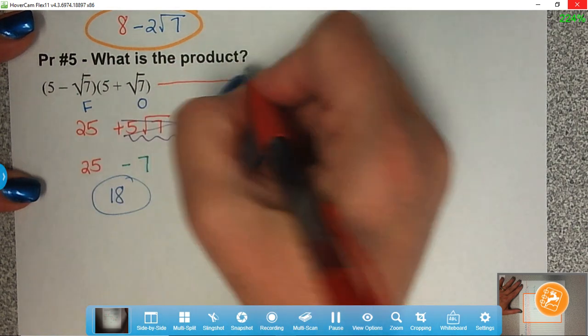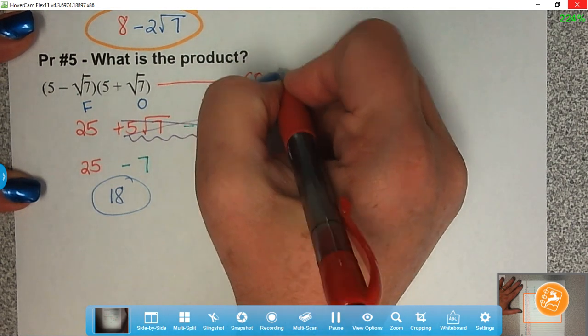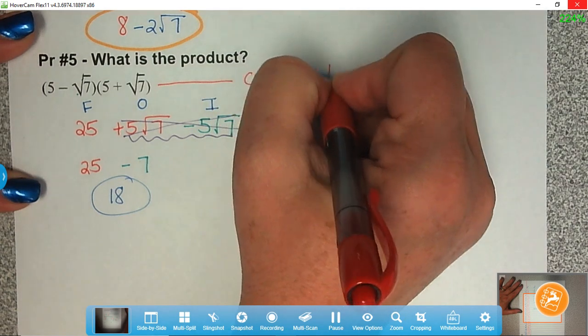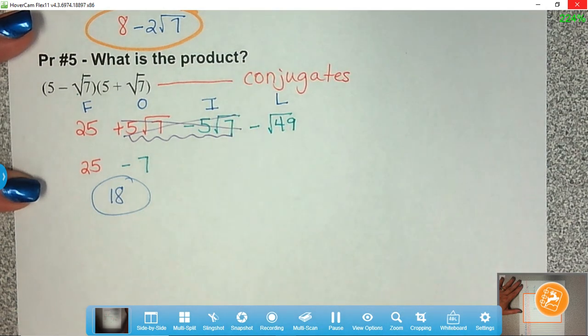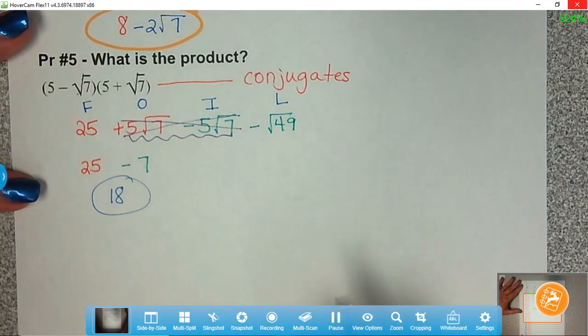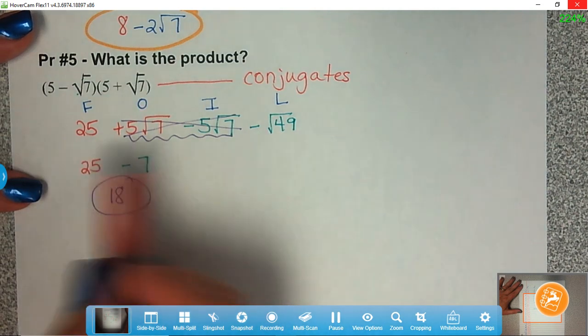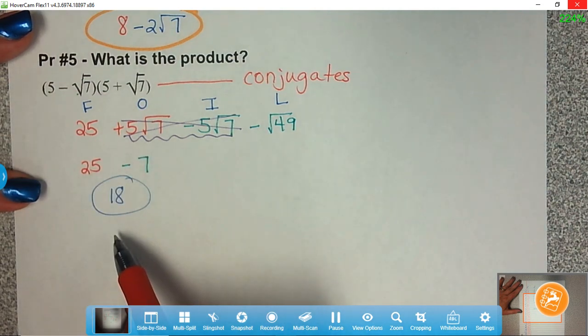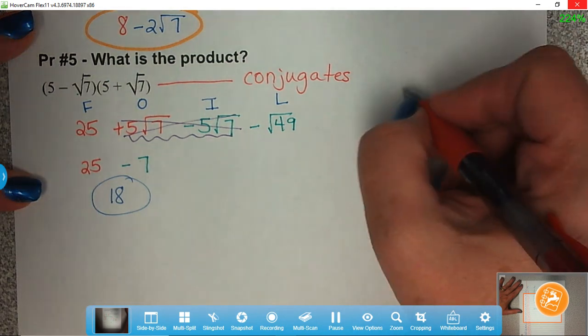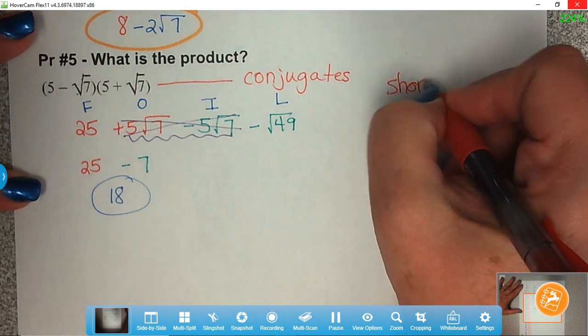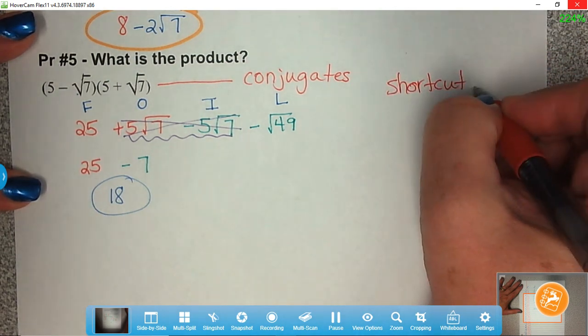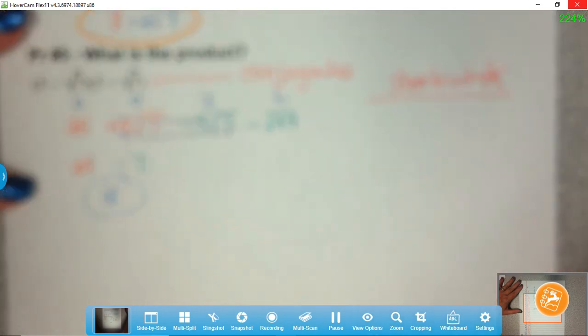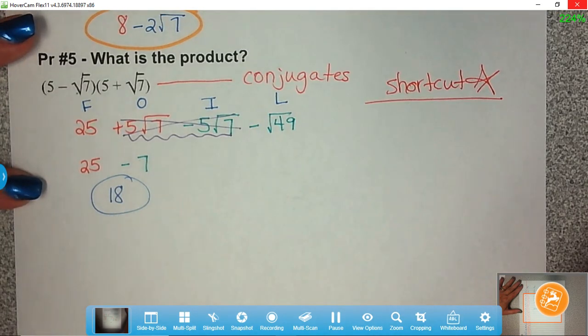So what we have here, those are called conjugates. So when you're multiplying conjugates together, you can do it exactly the way we did here, or there's a shortcut. If you remember the shortcut, it just takes about half your work away.